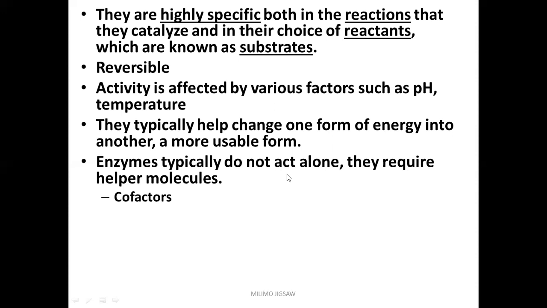So they require helper molecules. For example, cofactors, which are helper molecules that are needed for enzymes to be able to function properly. Then there are also the coenzymes as well.